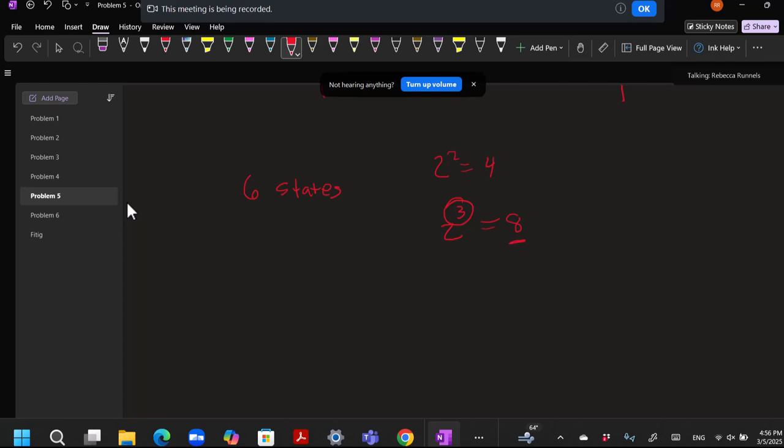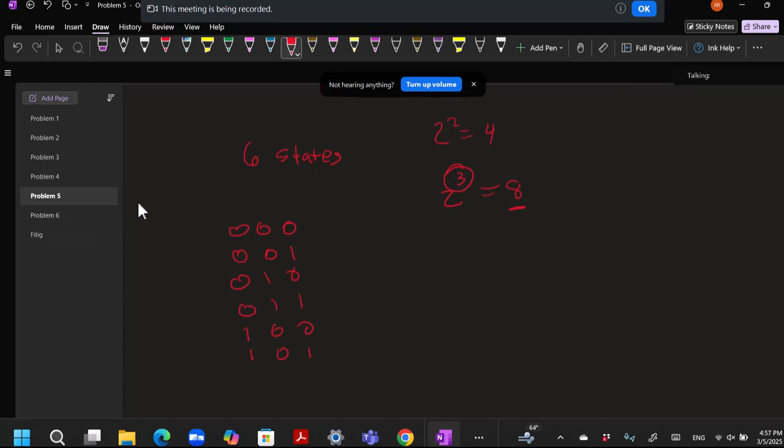And so my 6 states, I would do 0, 0, 0, 0, 0, 1, 0, 1, 0, 0, 1, 1, 1, 0, 0, and 1, 0, 1 would be my 6 states. So basically, you could just make them equal to what the number would be. That's what I do, and that makes it easy to grade. But you don't have to do that.